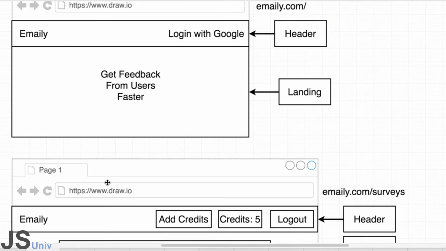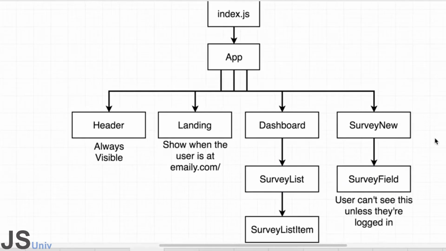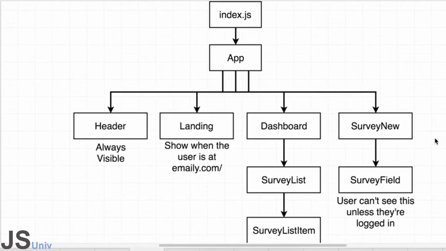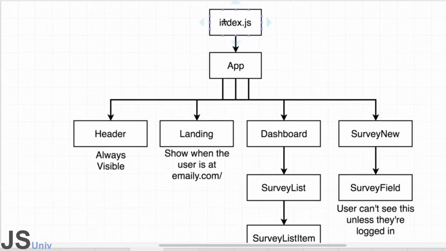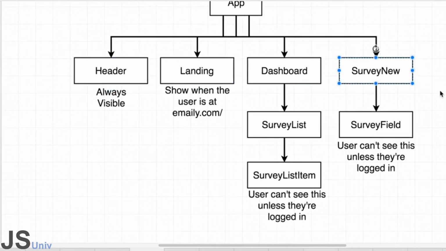There's one other area that we need to be thinking about when a user is or is not signed in, and that is some of the different routes that the user has access to. So here's a diagram of some of the different routes we have inside of our application. Up at the very top, the index.js file shows the app component, and then the app component is going to show the header, the landing, the dashboard, and the survey new components.